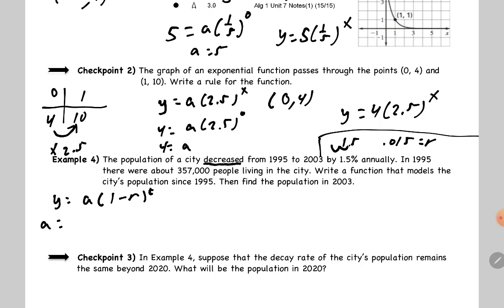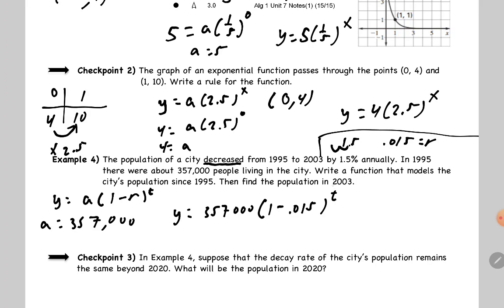So a is the original amount, 357,000 people in 1995. So our equation is y equals 357,000 times the quantity 1 minus 0.015 to the t. So that would be our equation.